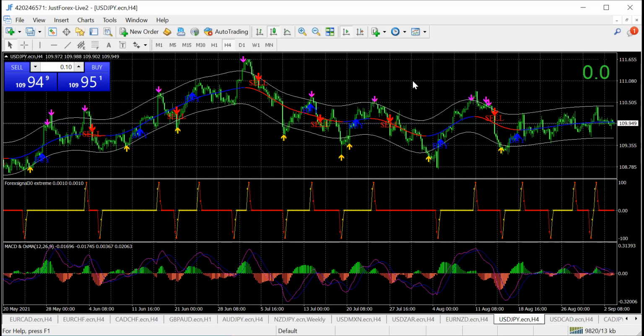This is the way it looks. Whenever it gives you an entry like this one, a buy entry, and gives you an arrow, that's a clear buy. It does give you an arrow in this place, it means that it may reverse. So if I want to make sniper entries, I always wait for these particular arrows to make an entry.